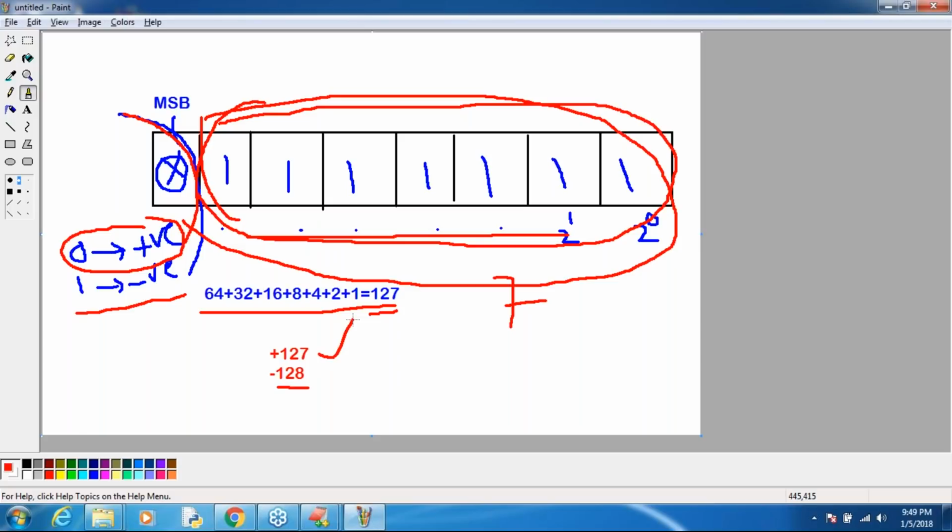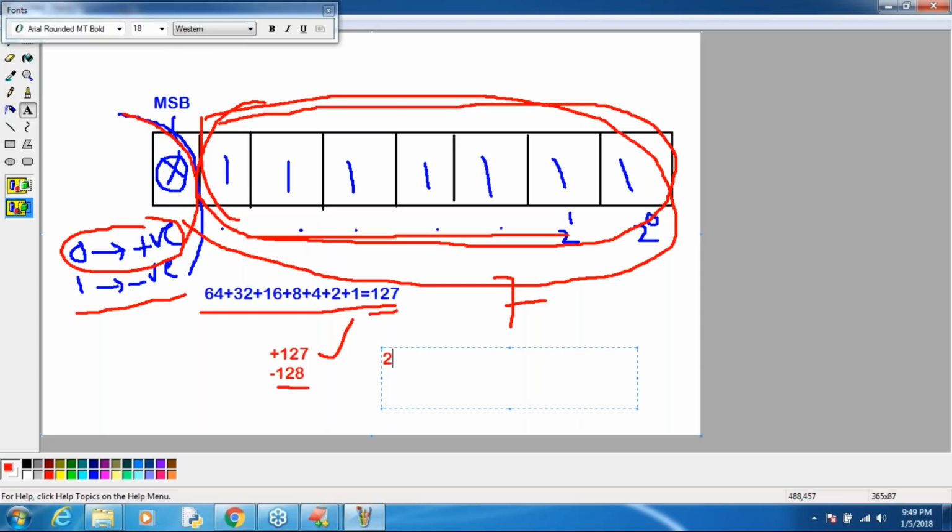Make sure you people have clear clarity about this terminology, right? Negative numbers won't be represented directly in the memory. Negative numbers will be represented in 2's complement form. Observe that.